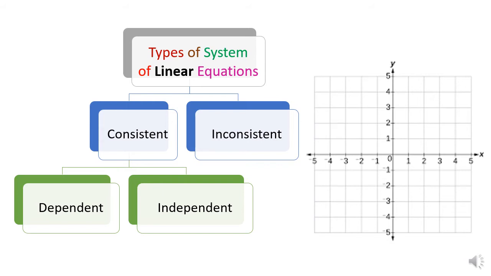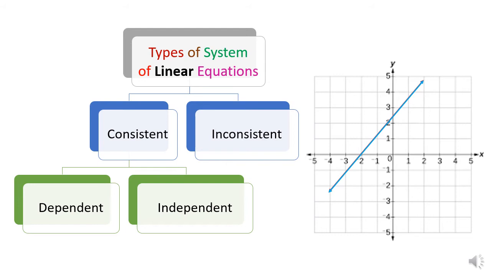So pag dependent, it has infinitely many solutions, just like this line and this line here. This is a representation of a system which is consistent and dependent kasi yung mga intersections nila are infinitely many points. So this system has infinitely many solutions.